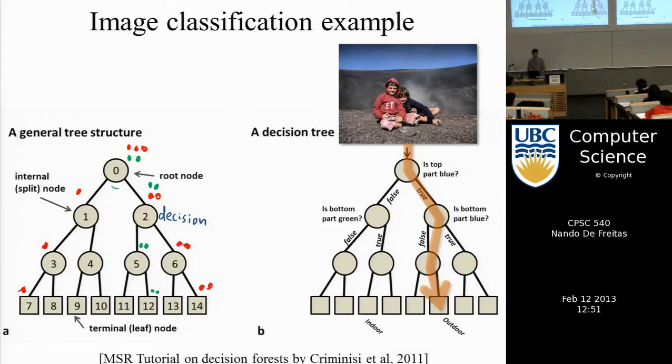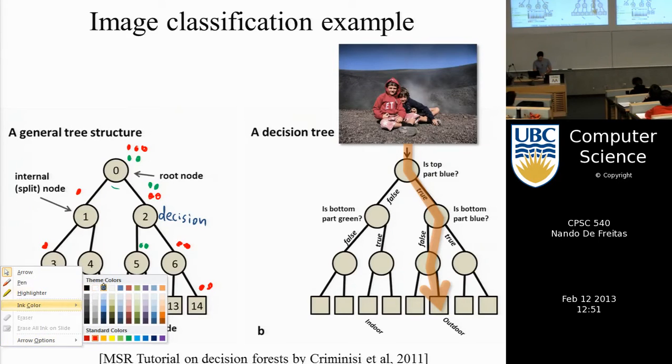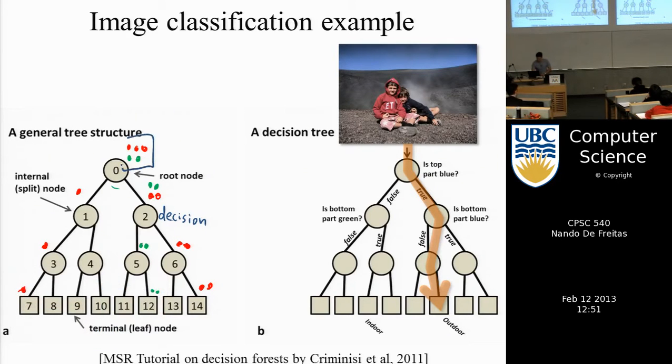Okay, how does this work? So a decision tree essentially is a structure that will split data points, that will categorize data points into different bins. So let's assume that my data consists of these five cases.